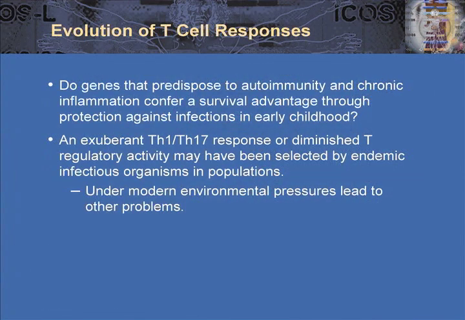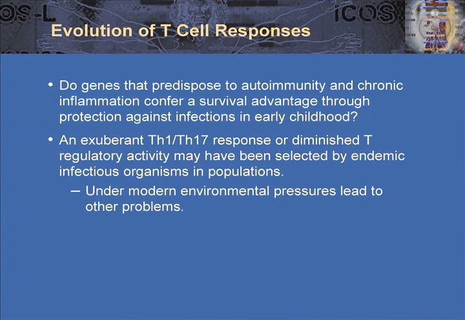So this allows us to speculate that the evolution of inflammatory T-cell responses and regulatory T-cell responses may actually serve a purpose. And we can ask the question now whether genes that predispose to autoimmunity and chronic inflammation actually at some level confer a survival advantage through protection against infections in early childhood.